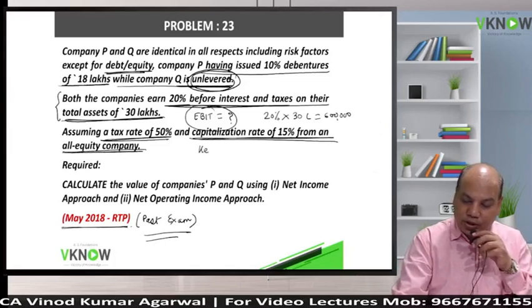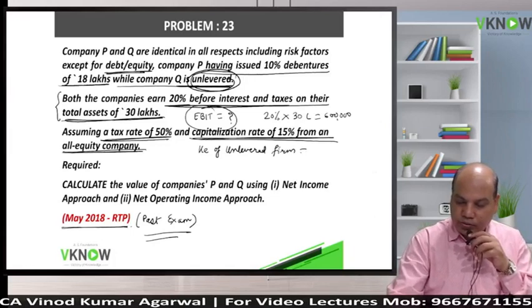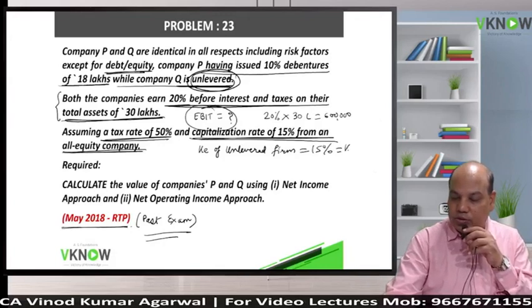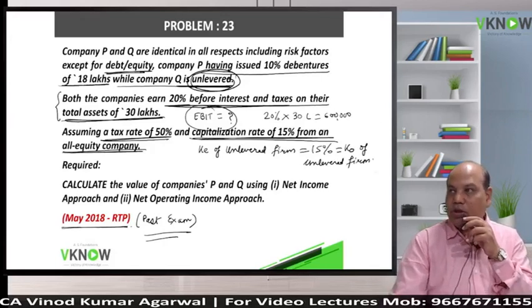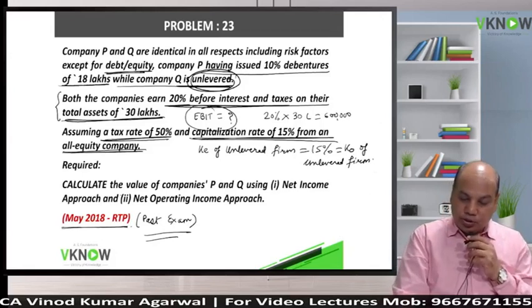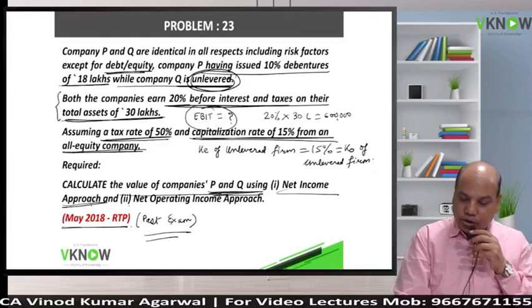It means KE of unlevered firm is equal to 15%, which is also equal to KO of unlevered firm, which is also equal to K of unlevered firm. Is it right?